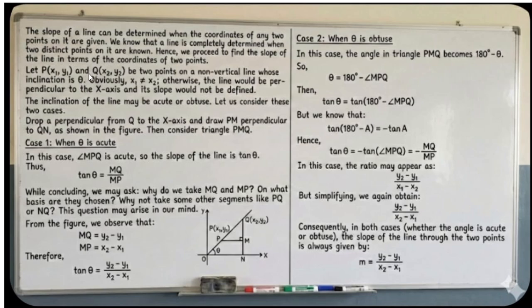The ratio y2 minus y1 divided by x2 minus x1 will give the slope. But this ratio is the same if you take another point, maybe R. If you take R also, y3 minus y2 divided by x3 minus x2 also gives the same slope.